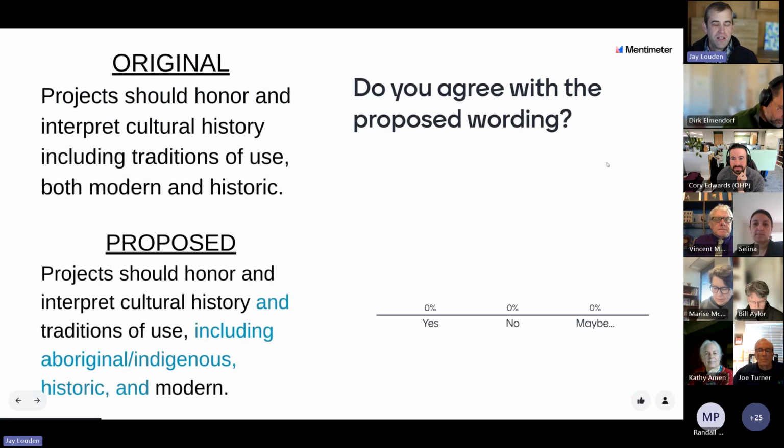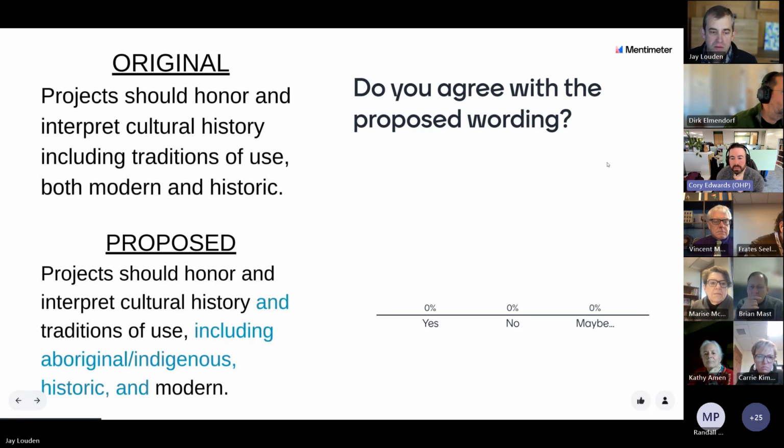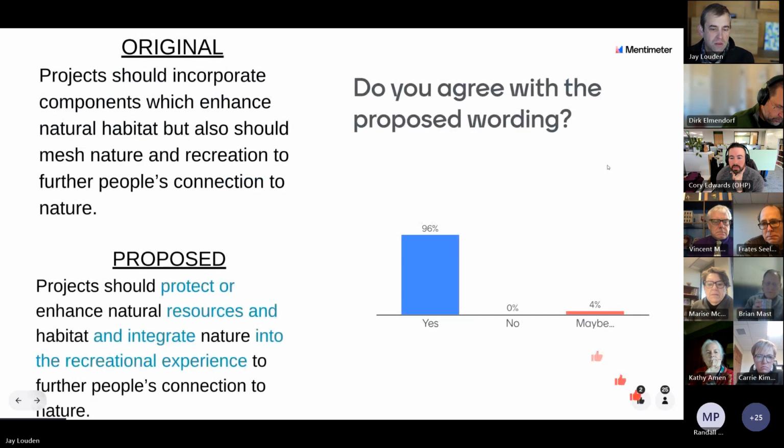Okay, we've got another proposed guiding principle change. The original is... Jay? Project. Yes. We had a maybe on the first one. Do we want to take the time to see if we can resolve any sort of maybe questions? Sure. I'm going to jump back to here.